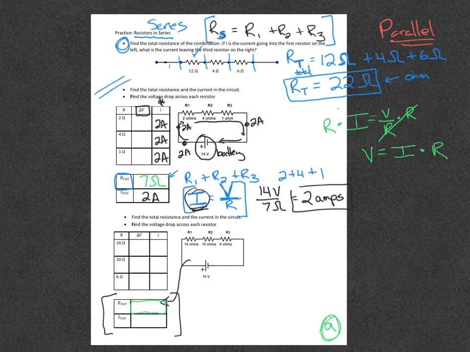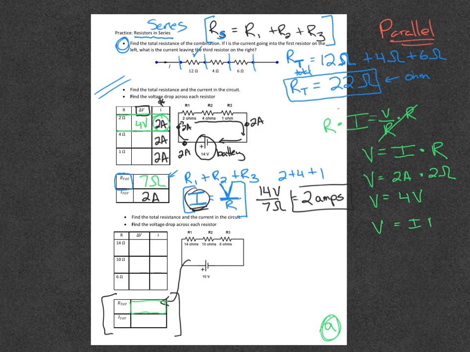And now for each row, think of it a little bit like Sudoku. The voltage is 2 amps, because that's the current right here for the first resistor, times 2 ohms. So you stay in a row in this table, and 2 times 2 is 4 volts. Then you do that again for the next resistor.